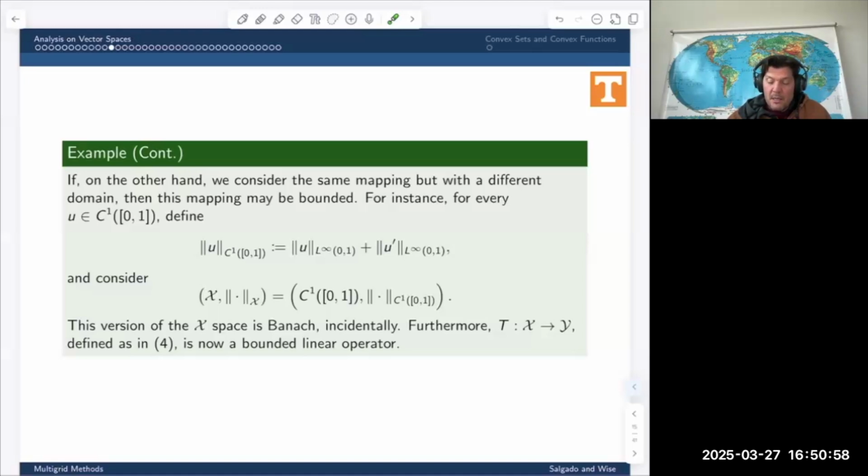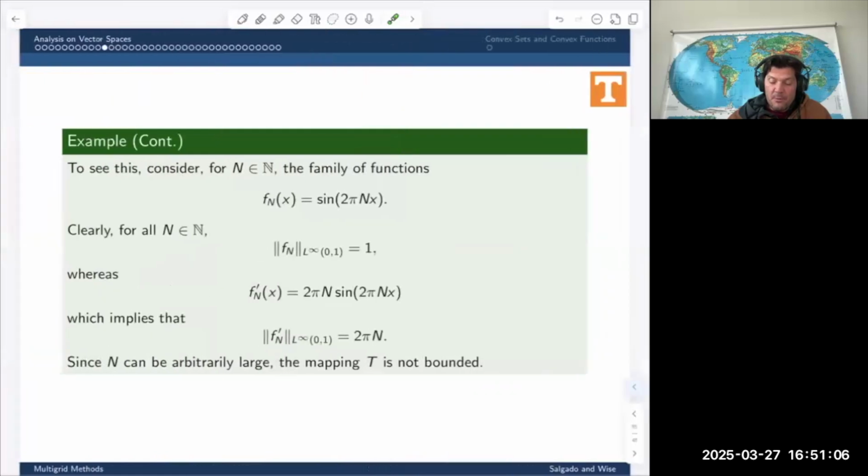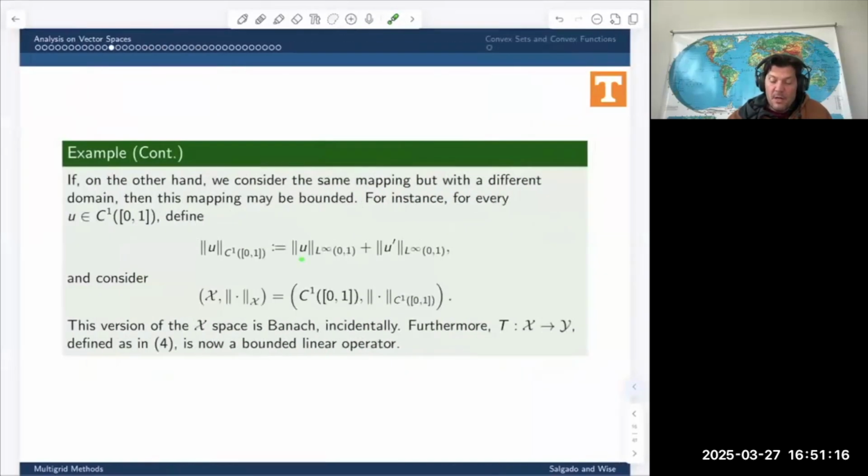But let's at least look at what goes wrong with the first example. The reason why this set of functions is no longer bounded is because when I take its norm, I no longer get a 1. That's because when I take the norm, I'm also going to get this derivative norm. This guy stays at 1 always, but this guy gets arbitrarily large.